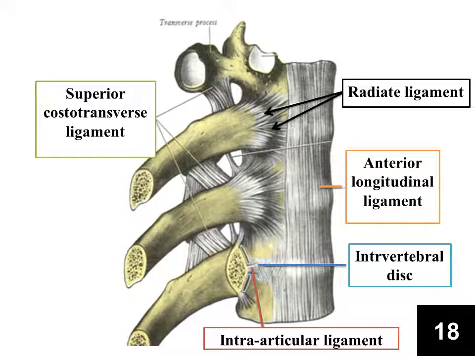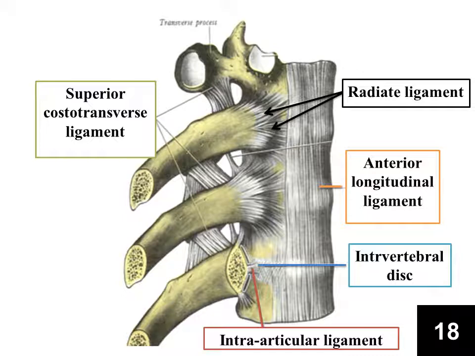What does it do? The radiate ligament is the one I marked in black. Laterally it is attached to the anterior part of the head of the rib. Medially, as you see, why did we call it radiate? Because the upper fibers ascend to the body of the vertebra above, the lower fibers descend to the body of the vertebra below, and the middle fibers pass horizontally to the intervertebral disc.